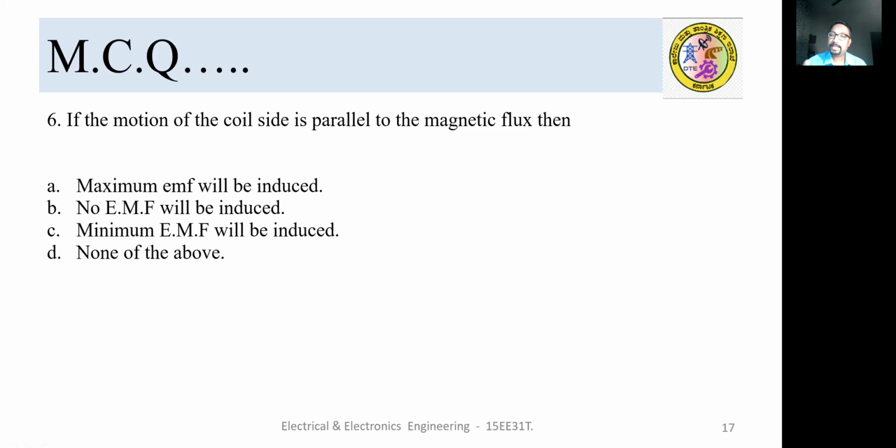In order to cut the flux, the side of the coil must move in the perpendicular direction. When the coil moves perpendicular to the flux, then maximum EMF will be induced. But here it is quoted that the motion of the coil side is parallel to the magnetic flux, so obviously no EMF will be induced in the conductor.